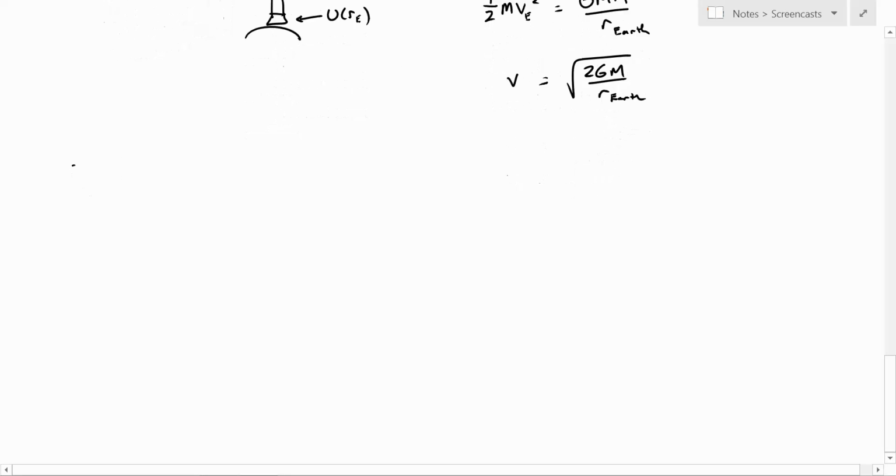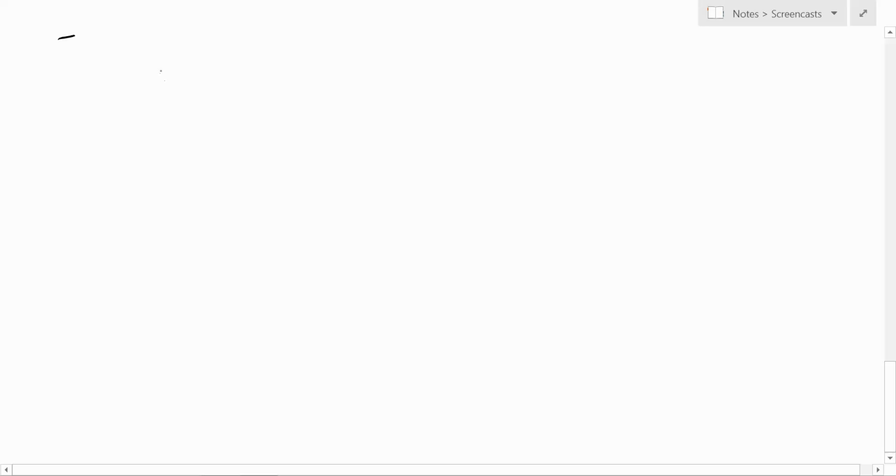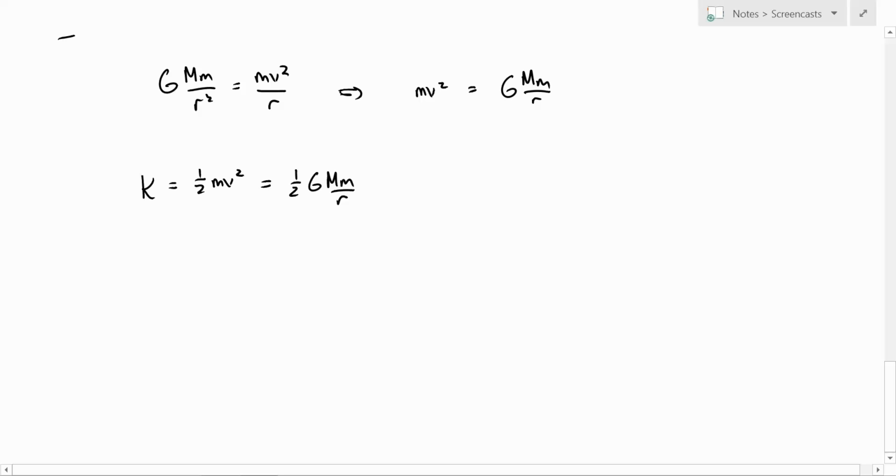But if we think about energy in an orbit, we know that we have this relation from before, where this has to hold true for our velocity and our position, which means that our kinetic energy, this 1/2 mv squared, has to look like, well, mv squared looks like GMm over r. So my kinetic energy then has to be 1/2 mv squared, so 1/2 GMm over r.